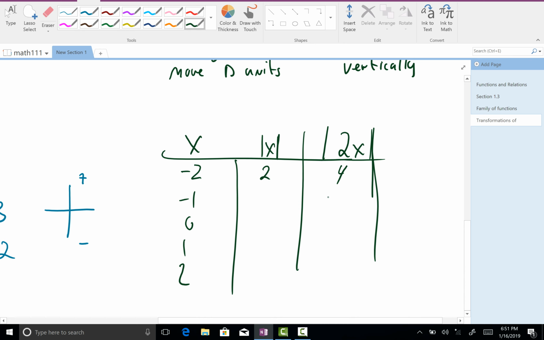Good. Okay. And then negative 1 is going to be 2, and so on. So what's happening from these numbers to these numbers?